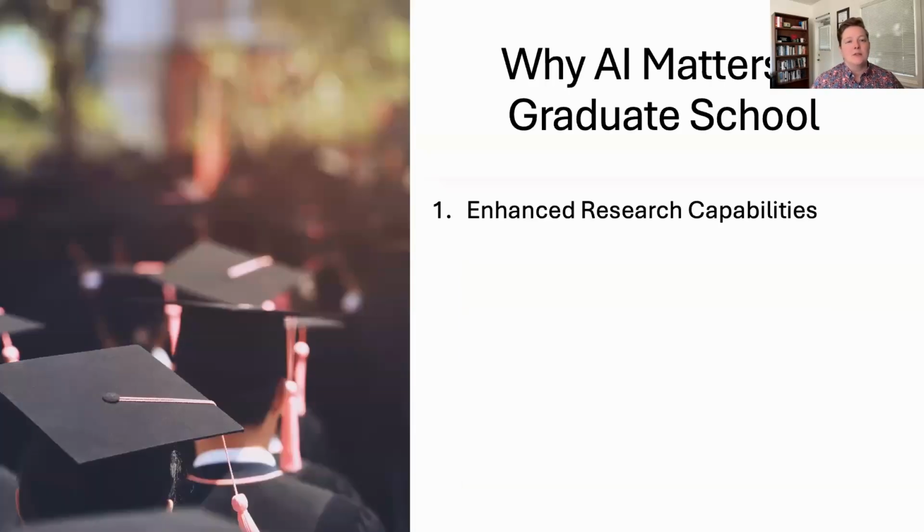Okay, so next, why does AI matter in graduate school? Well, first off, AI is becoming increasingly significant in graduate education, especially in research-intensive fields. It's across multiple dimensions and fields. It's impacting research methodologies, practical applications, really like enabling us to look at vast data sets really quickly and accurately if you know how to use it.